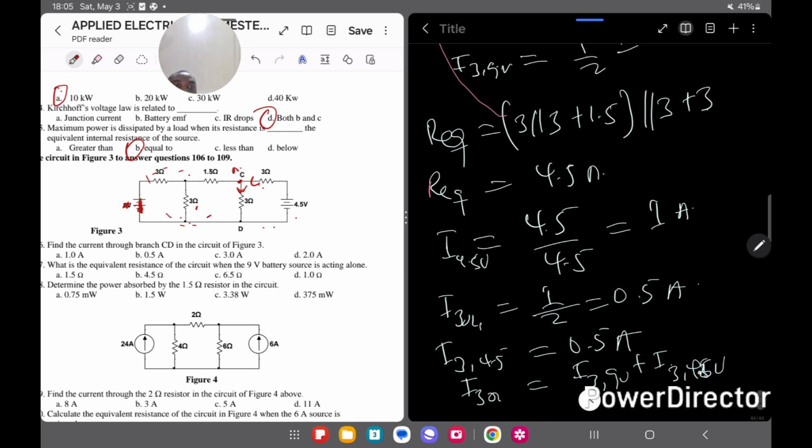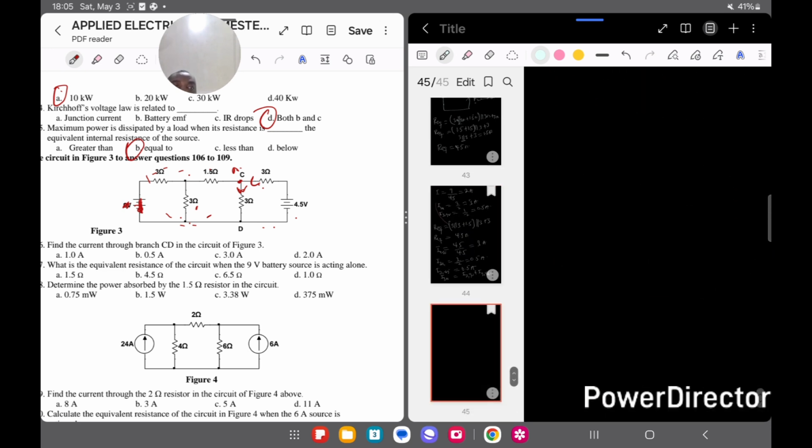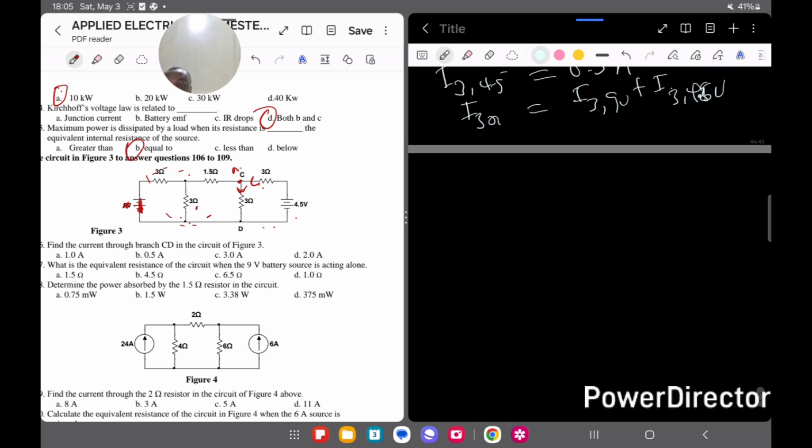With this, I'm going to get the current which is passing through the 3 ohms. Now you look in terms of the current flow. This becomes very important, the last part of this.